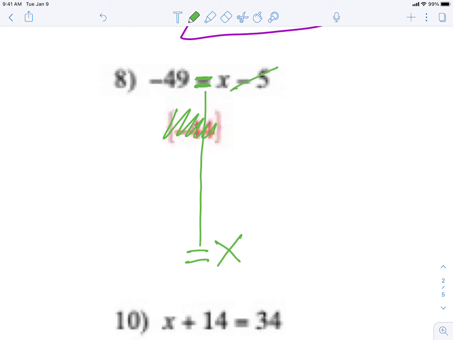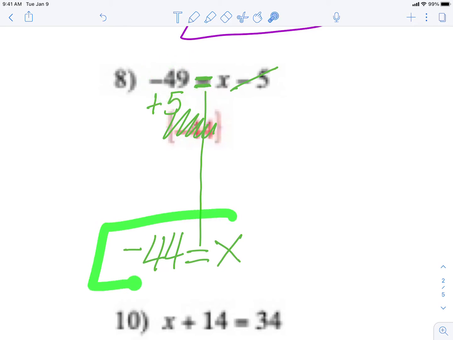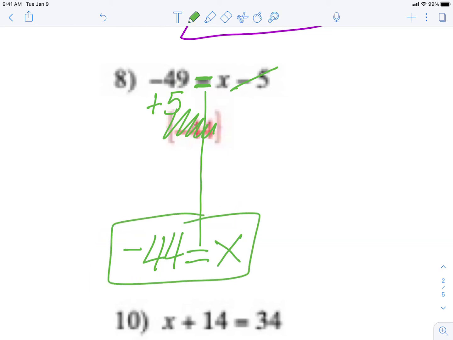That means my negative 5 is going to come over as plus 5. So these two are not the same sign, so I have to subtract them. 49 minus 5 is 44. And it's a negative 44 because 49 is bigger and 49 is a negative.